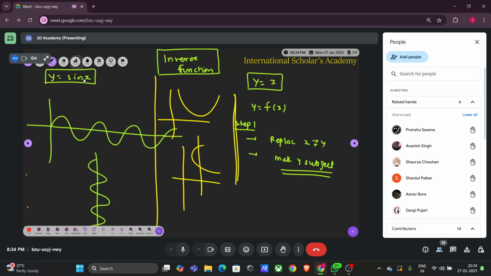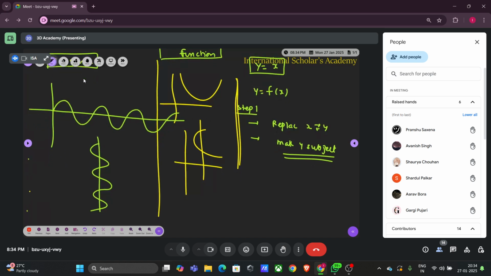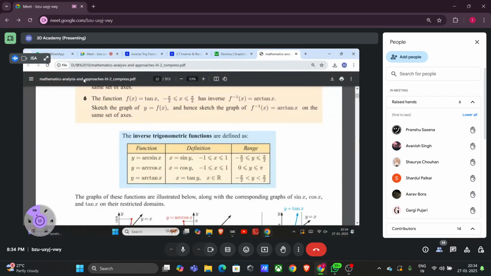And you tell me, if you draw a vertical line and it cuts at more than one point, will it be a function? No, it will not be a function. So when we study inverse trigonometric functions, we first need to restrict the domain and range of these functions.